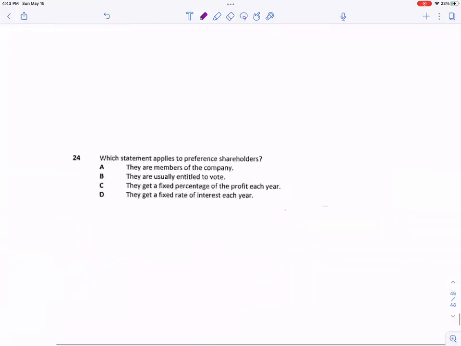Which statement applies to preference shareholders? It's either C or D, right?